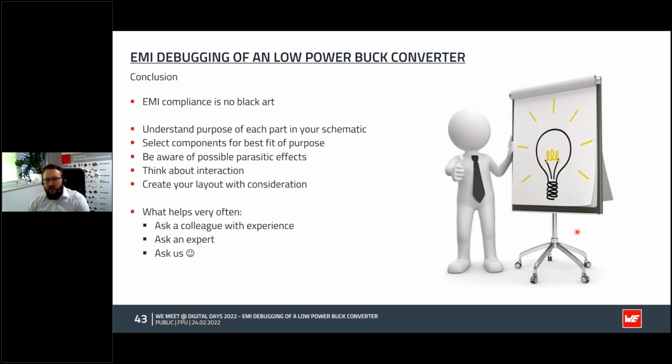In the end, for my conclusion, EMI compliance is no black art or black magic when you understand the purpose of each part in the schematic. When you understand your schematic, please select the components that fit best for your purpose.